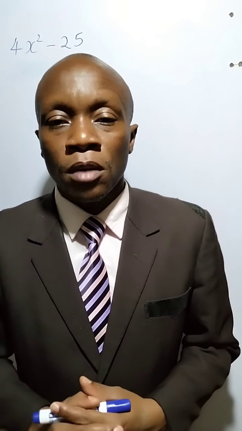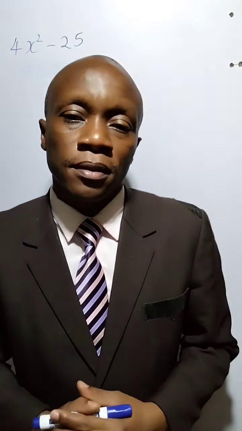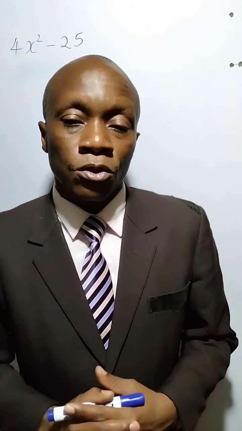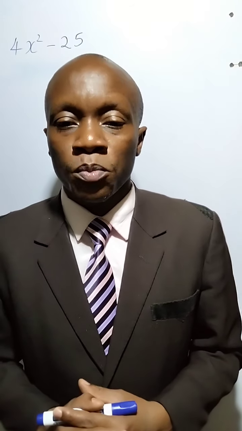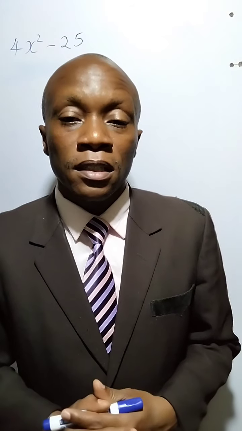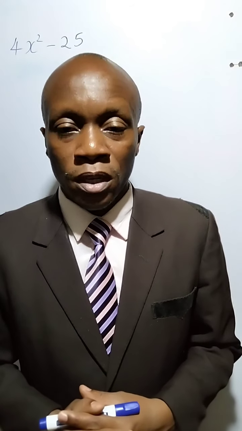Today we would like to talk about quadratic expressions. We want to see how we solve or factorize quadratic expressions, and specifically the one we call the difference of two squares.